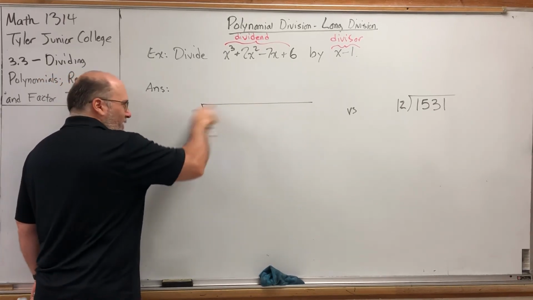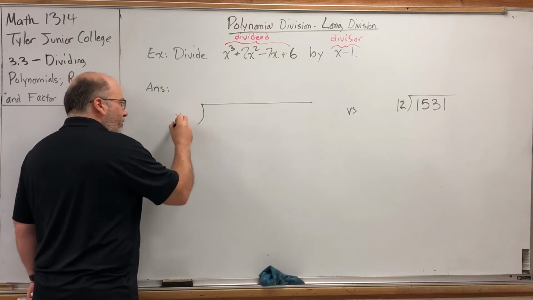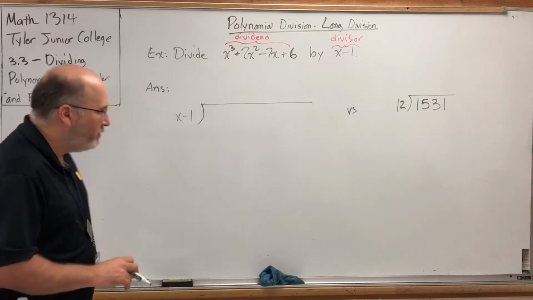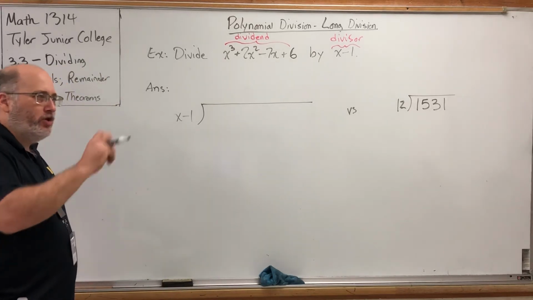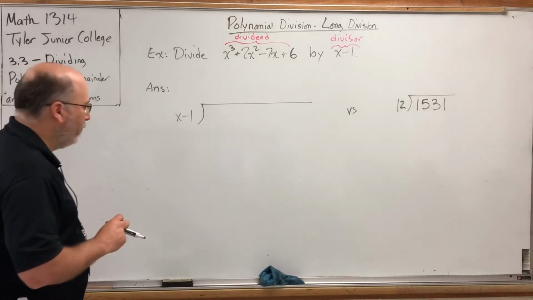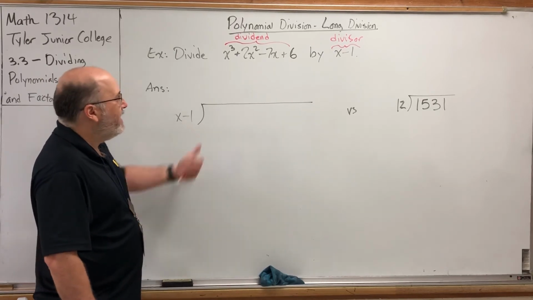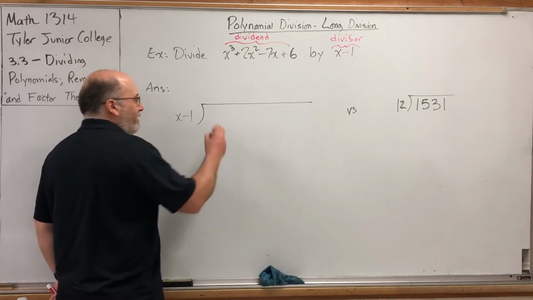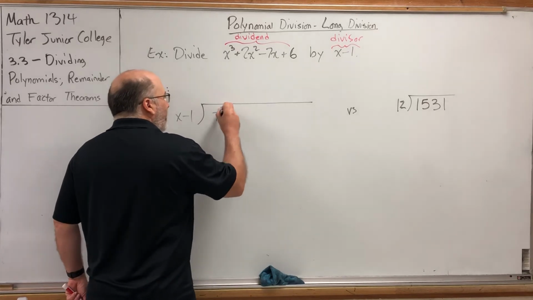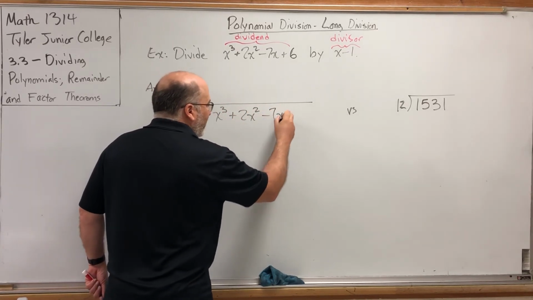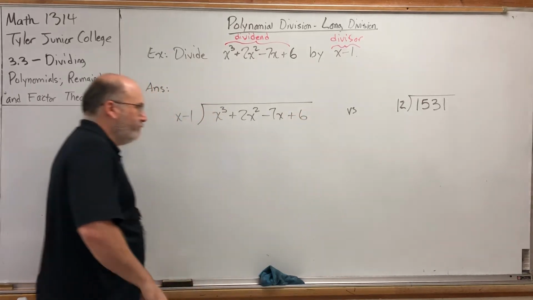I can't find the technical name for the symbol. Somebody said it was called a vinculum, but that is incorrect. That's the official name of the bar you put over a repeating decimal. But the divisor goes on the outside, so x minus 1, and the dividend goes on the inside. So x to the third power plus 2x to the second power minus 7x plus 6.